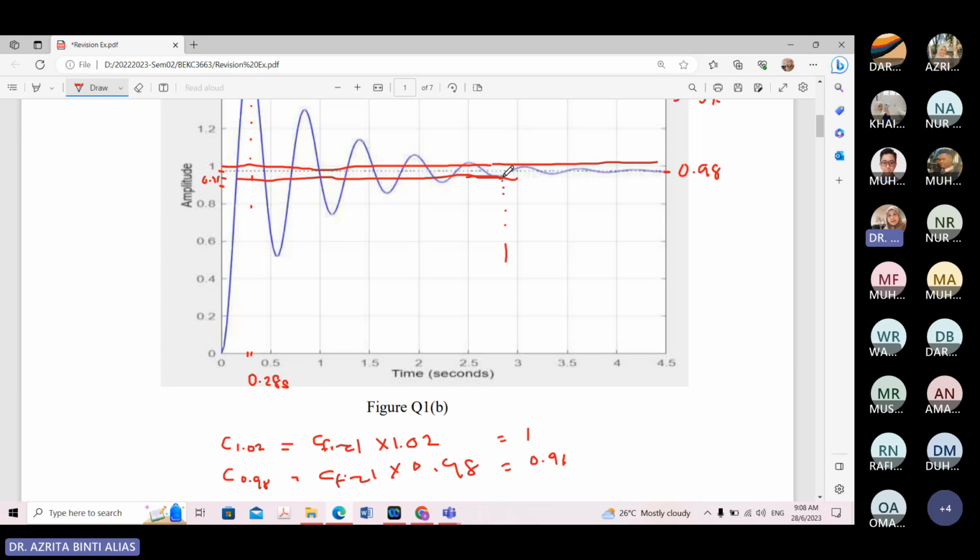For this case, TS is found somewhere here, so near here. TS is equal to 2.8 second. It's about 2.8 second. Understand?